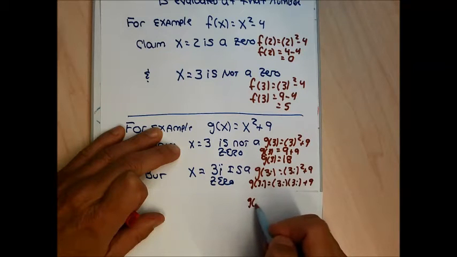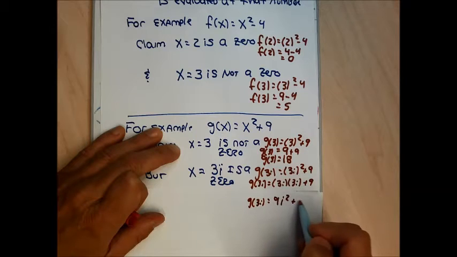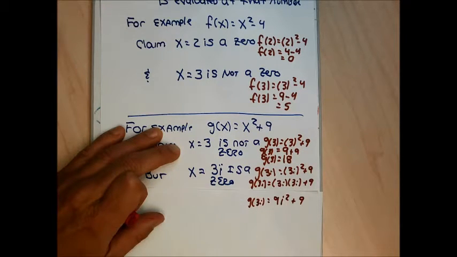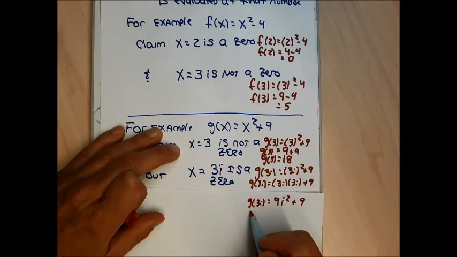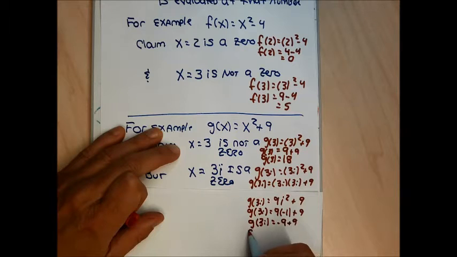That will give me g of 3i equals 9i squared plus 9, because to multiply these 3i's times 3i's, you multiply the 3's together and the i's together. And because i squared is negative 1, I can say g of 3i is 9 times negative 1 plus 9. This is going to give me g of 3i equals negative 9 plus 9, which is 0.